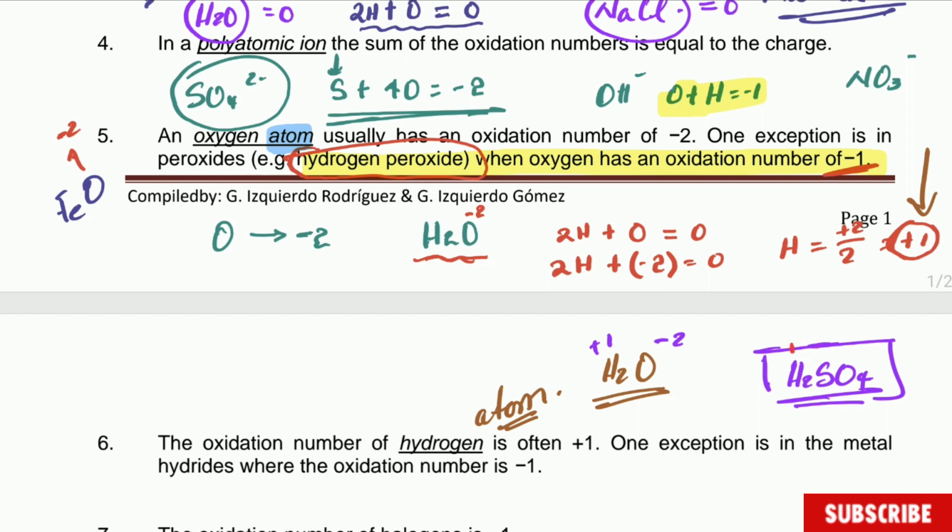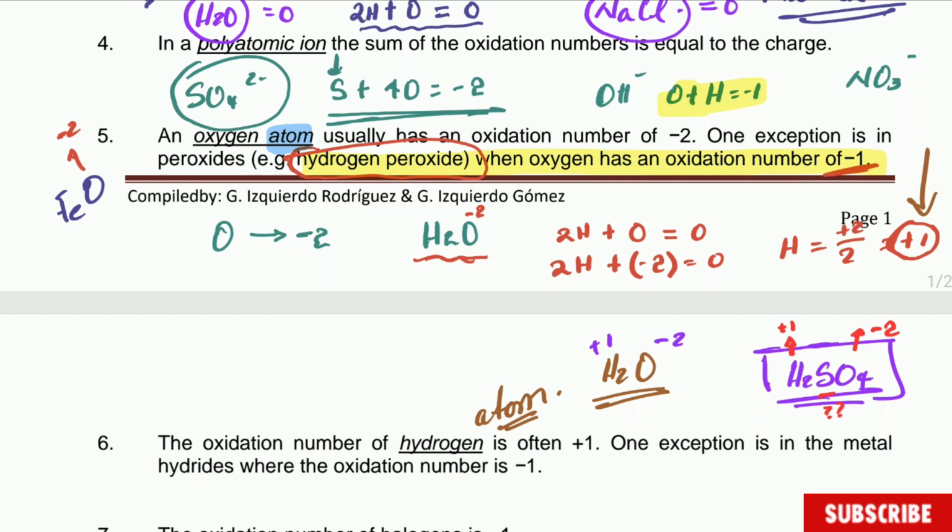Hydrogen has an oxidation number of positive 1. Oxygen has the oxidation number of negative 2. It is in the rules. Sulfur, we don't know, so we will eventually have to get sulfur using the rules. Why is this important? It is very important, guys, because we need to determine what substance is being oxidized or reduced according to whether electrons were lost. We're going to look at that just now in a minute, but this one is important.